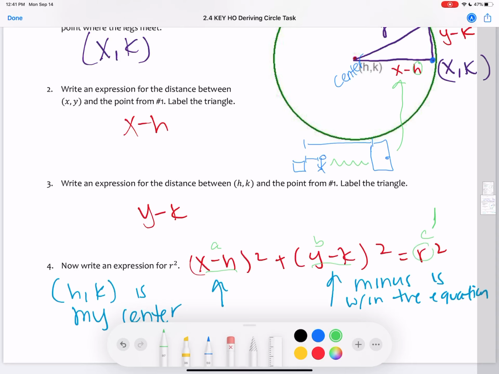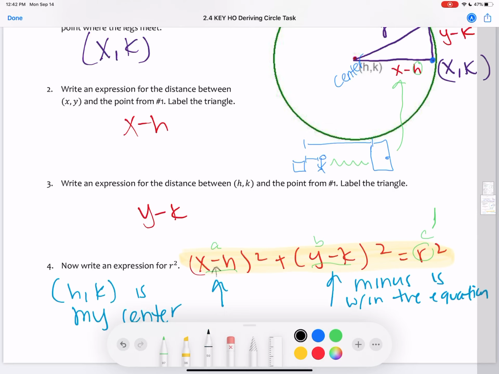So r is the radius, but in our Pythagorean theorem, r squared is in the equation. So this right here is a very important equation to make sure that you have somewhere down in your notes. x minus h squared plus y minus k squared equals r squared, where h and k is the center and r is the radius. Notice that you do have minus signs already built into your equation.